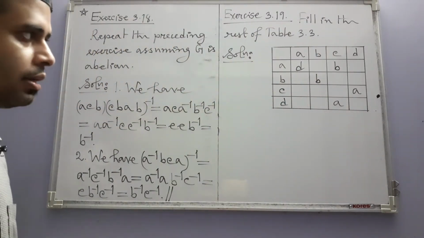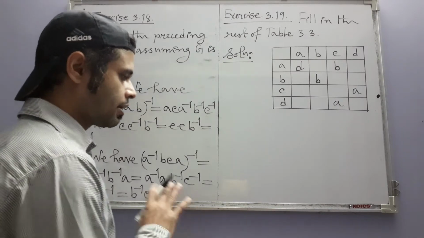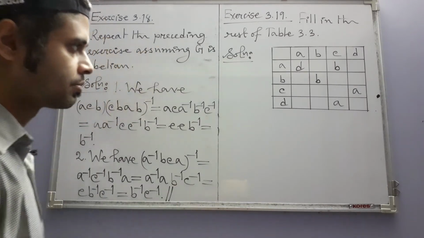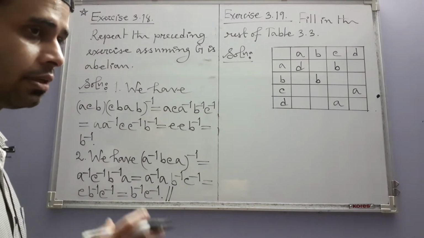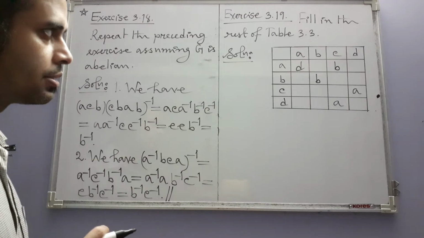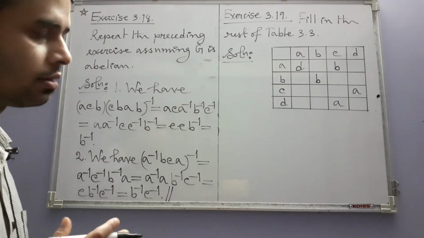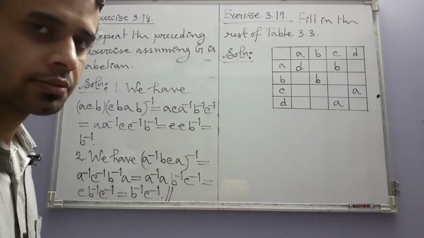Now to completely fill out the table, we go just like we went in the previous video. Let us recall that we discussed a property of group tables, that they are magic squares.